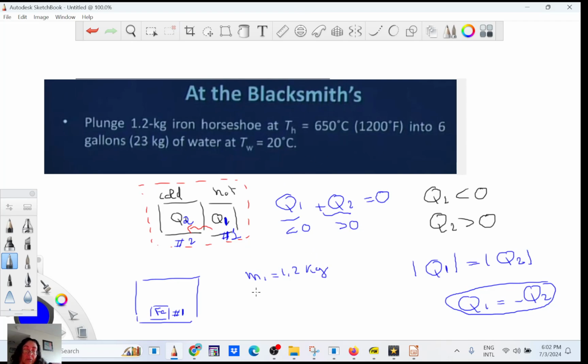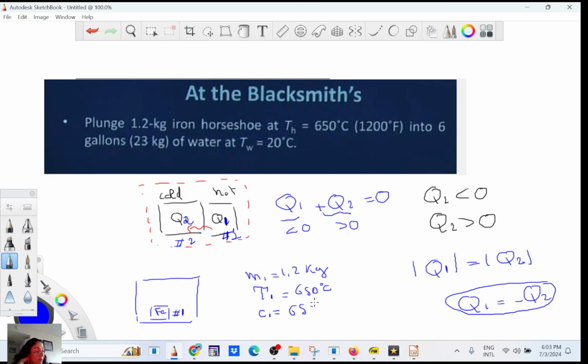And the initial temperature T1 is 650 degrees Celsius. And you have the specific heat for iron, which is 900. I think it's 900. No, it's not.